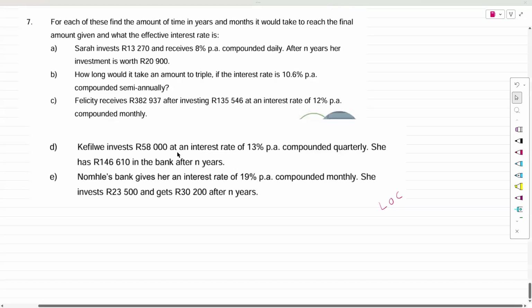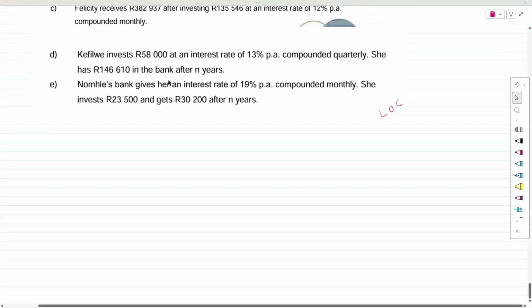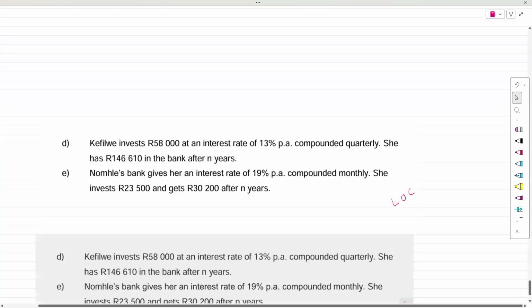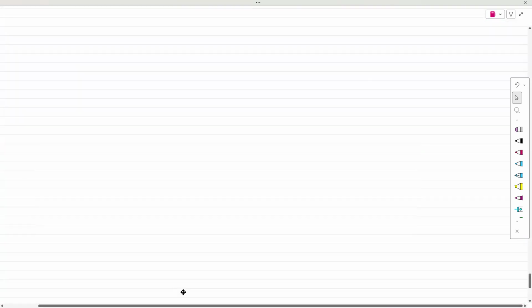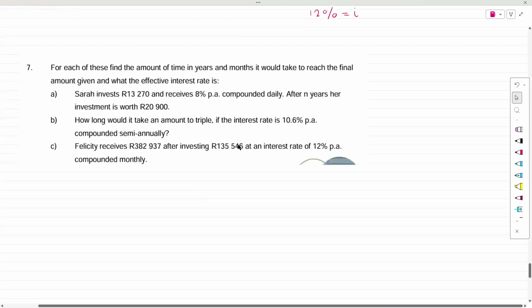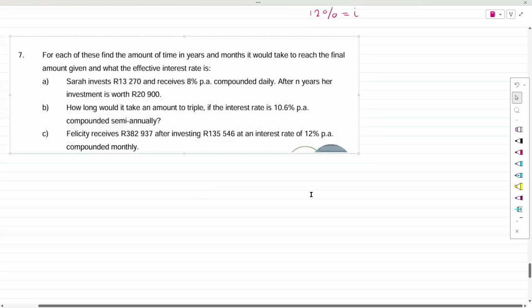Okay, guys, for each of these, find the amount of time in years and months it would take to reach the final amount given, and what is the effective interest rate. So if we deal with this, we get 7A.